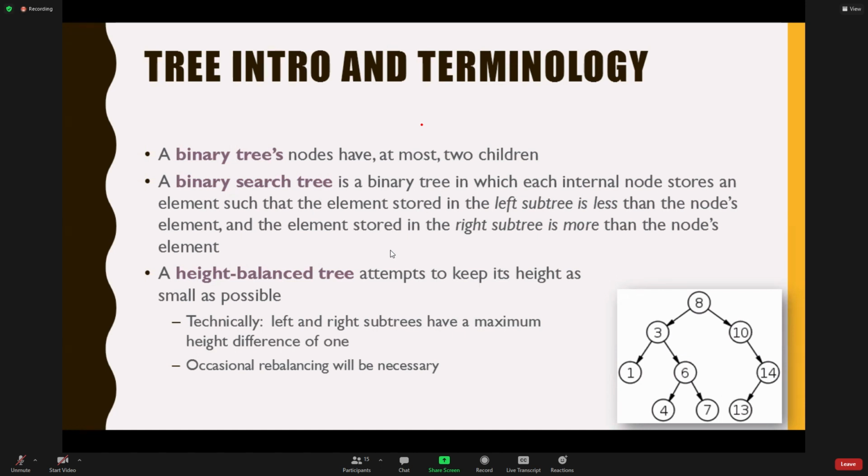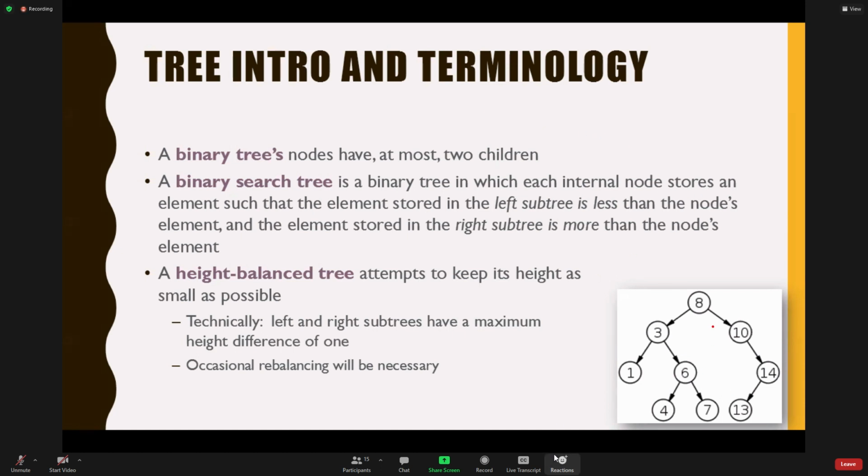Everything to my left is going to be less than me, right? Now, duplicates are another matter. We'll talk about the fact that duplicates are problematic. So we're pretending for the moment that dupes don't happen, right? We'll come back to that. So everything to my left is less than me. Everything to my right, that means my right child and below, everything to my right is more than me, right?